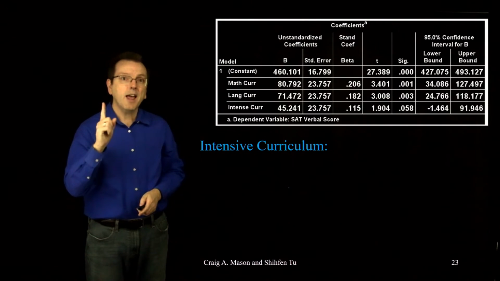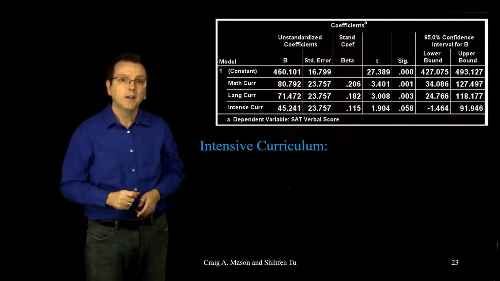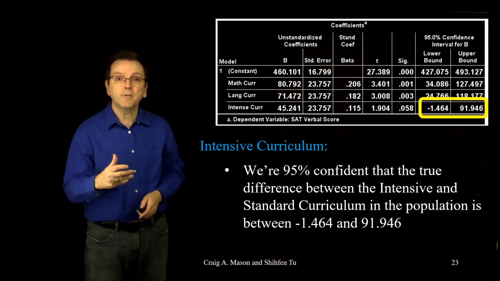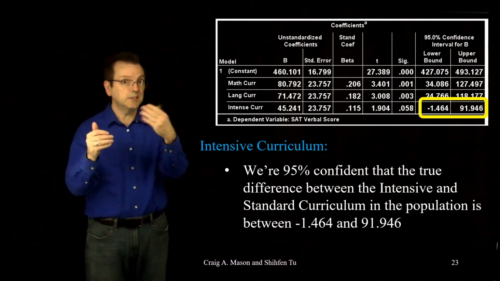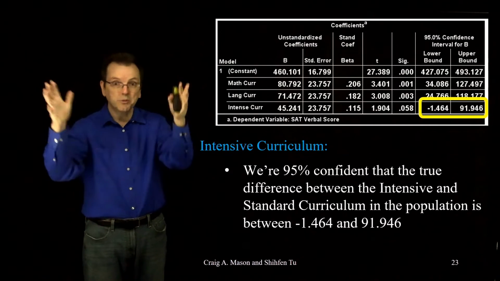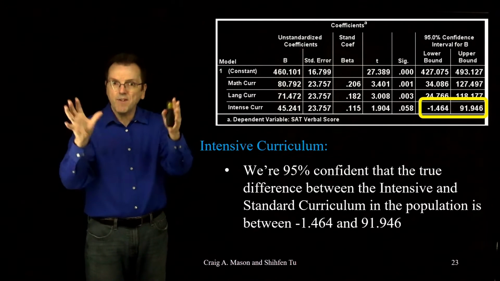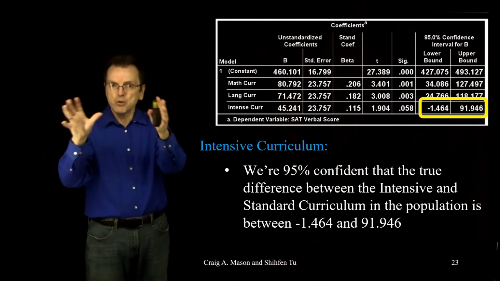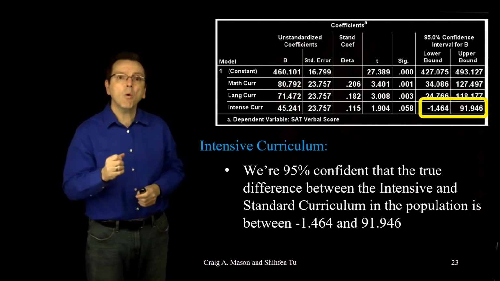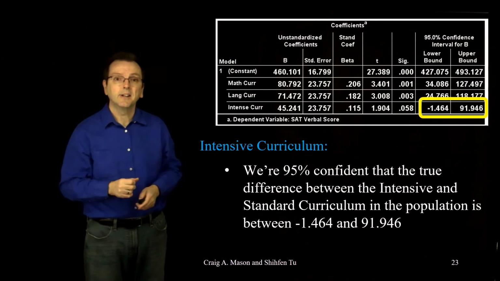And did you notice how that's reflected in the 95% confidence interval? We're 95% confident that the true difference between the intensive curriculum and the standard curriculum across the entire population of students receiving these curricula is somewhere between negative 1.464 and positive 91.946.